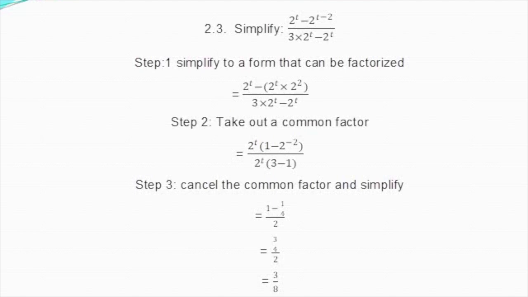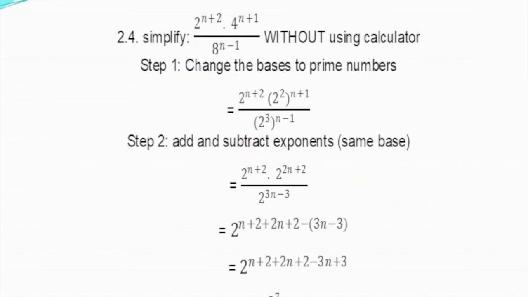So we are going to have 1 minus 1 divided by 4, divided by 2. The 2, how did we get it? That is 3 minus 1. And 1 minus 1 divided by 4 will give us 3 over 4 divided by 2. So now 3 over 4 divided by 2 is equal to 3 divided by 8.